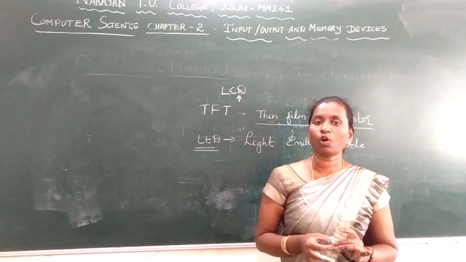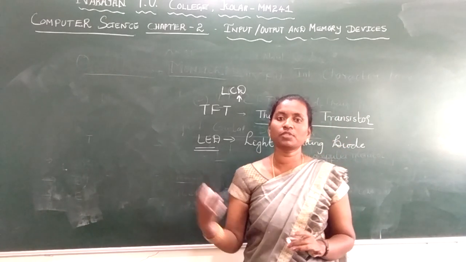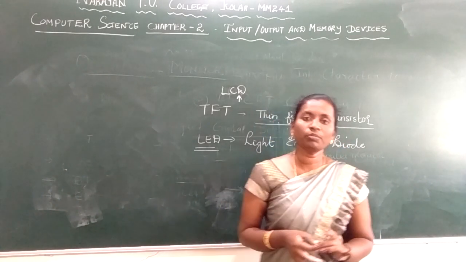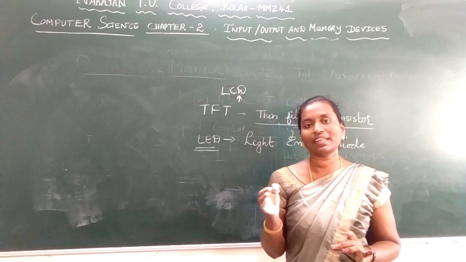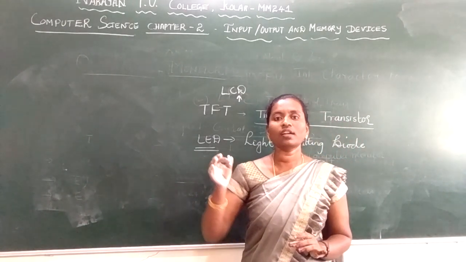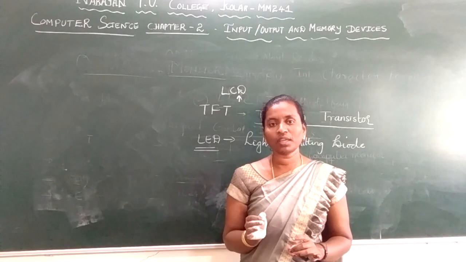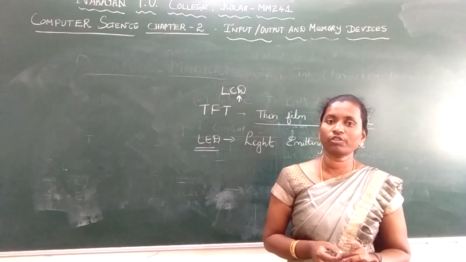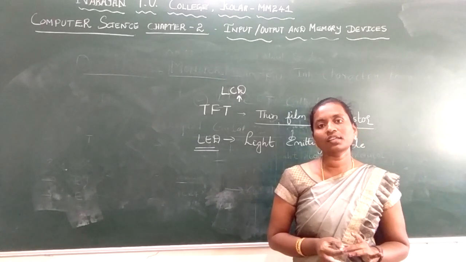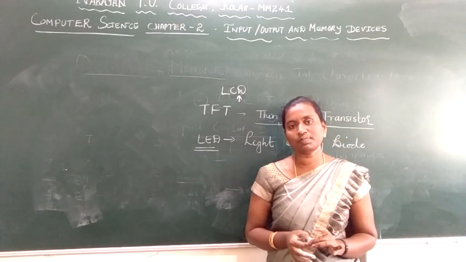So we need an output device which converts machine level language into human understandable form. Once the data is processed in your CPU, the processed information has to be presented to the user in human understandable form. For that we use a monitor. Monitor is also called a visual display unit.